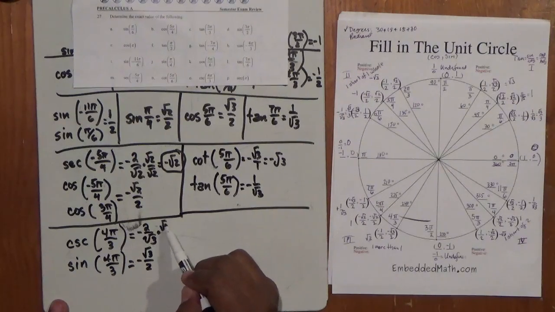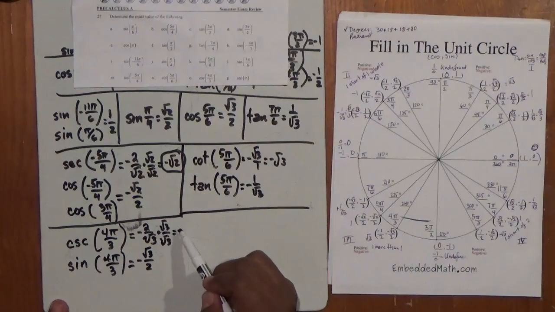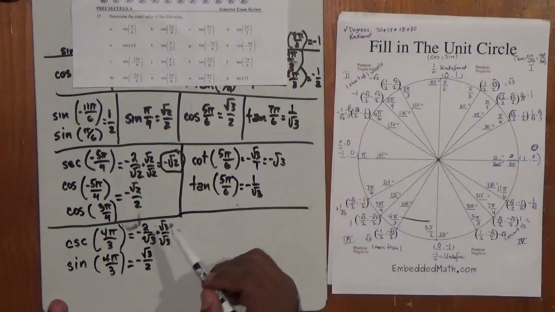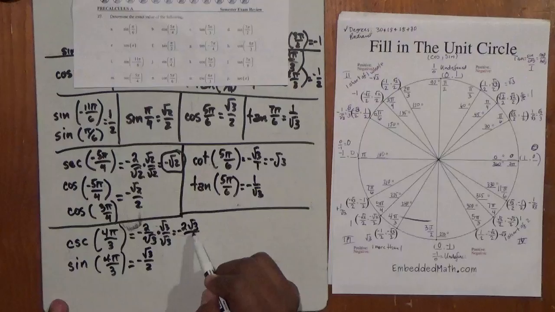If we have to, we can multiply by root 3 over root 3. I think that might be acceptable. I'm not sure, but that would be the proper answer.